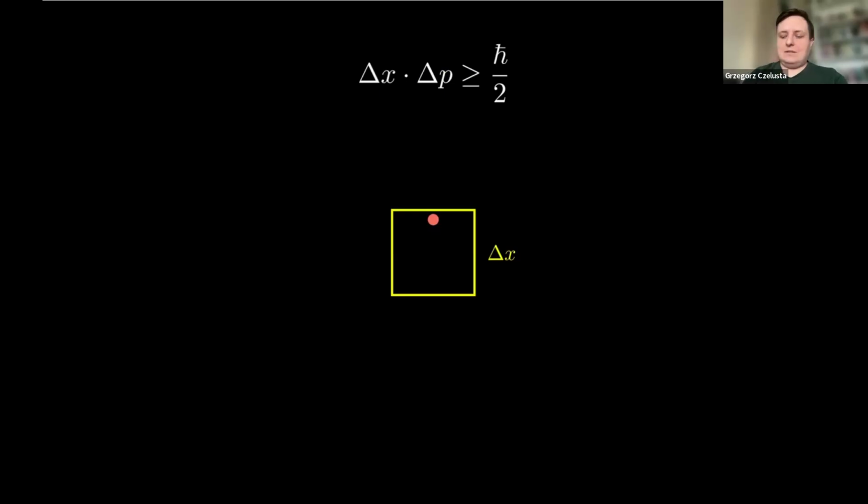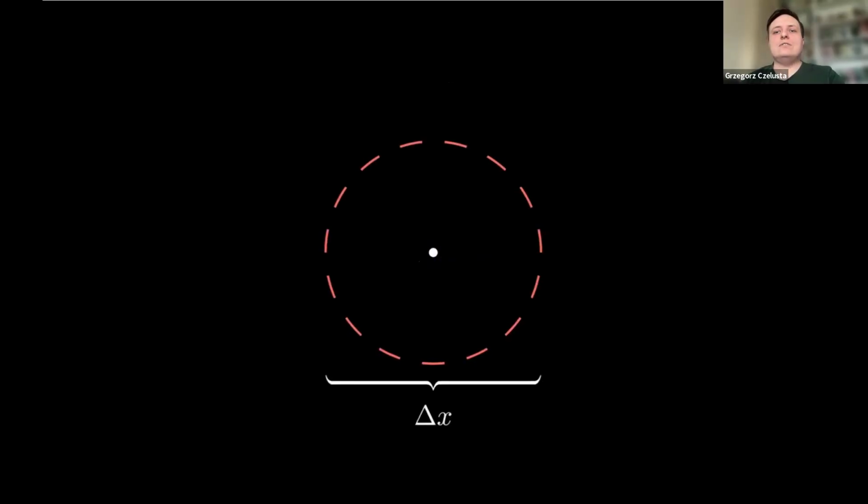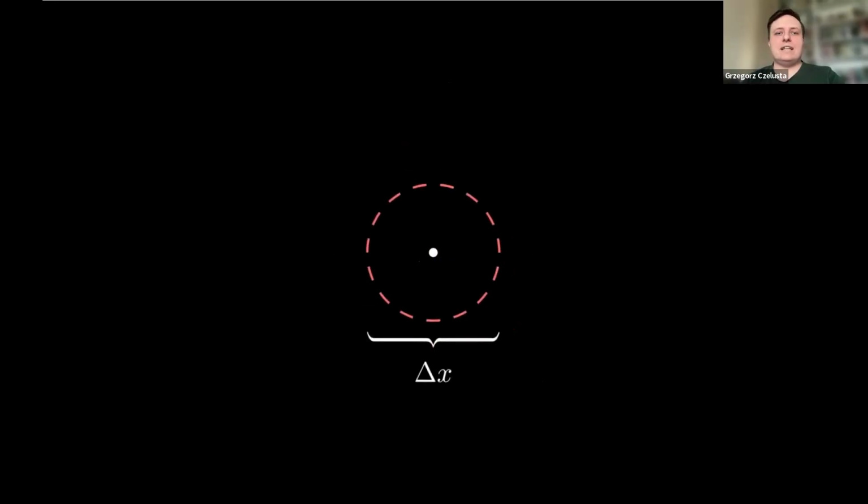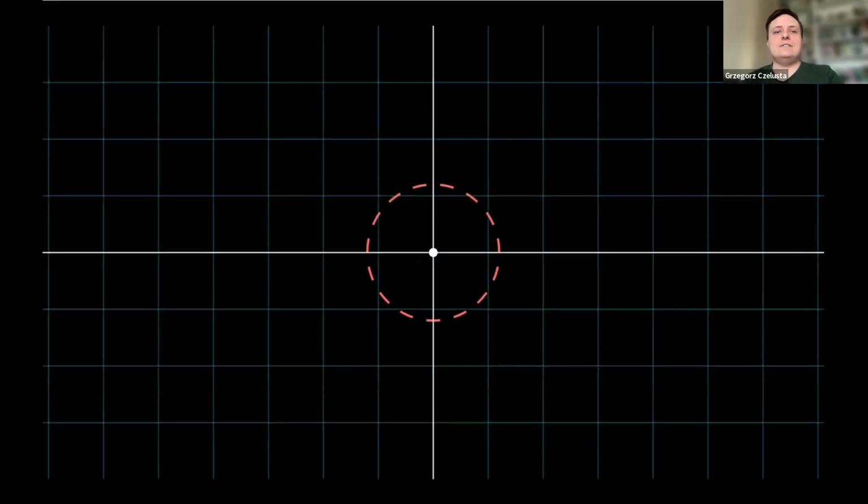So we can now try to imagine that we want to probe a very small region of space. So we have some point in space, and we want to resolve shorter and shorter distances. And to do this, we need to use higher and higher energies. But at the same time, this energy itself gravitates.